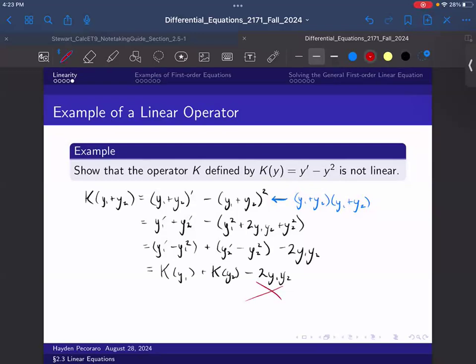We did not get out just this. This would have made it linear. That was all we saw. But this extra term makes it not linear. Do we understand that part? All right, good.